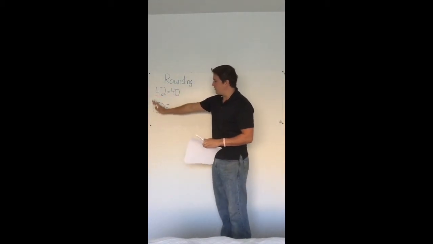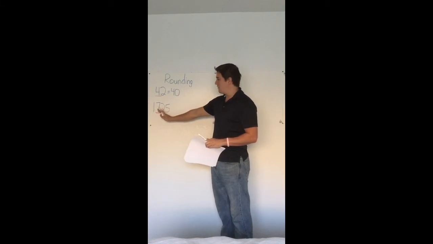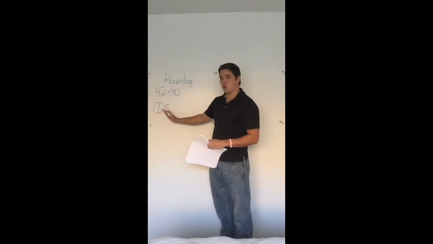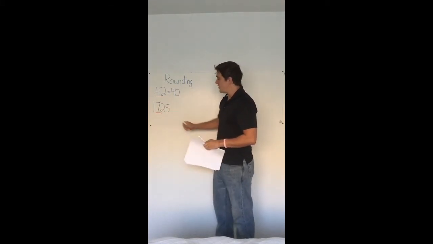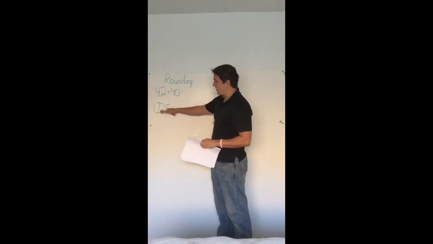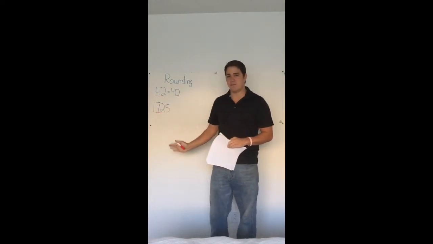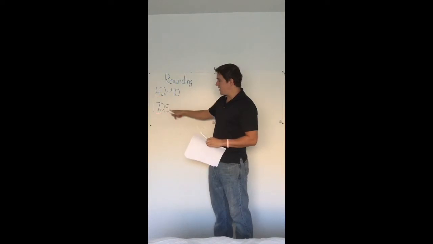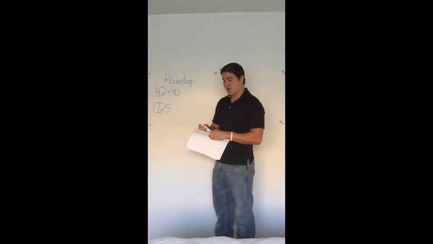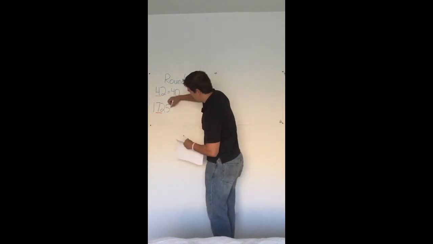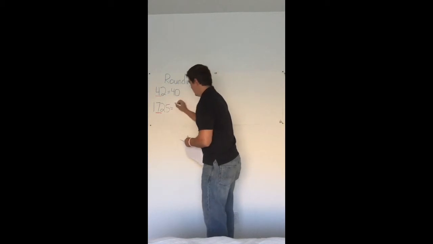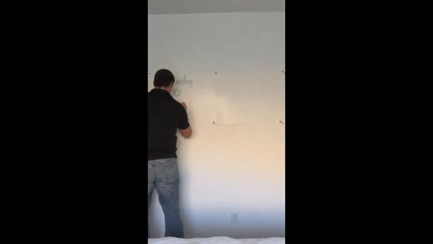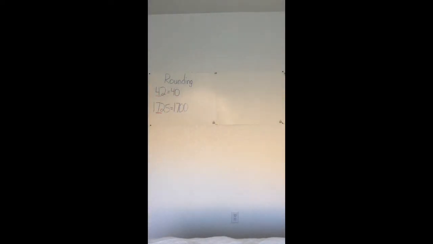I would look to the right of my hundreds place, which is a 2. So I know the 7 is going to stay the same, and these two numbers are going to be 0. So our answer would be 1,700. Does everybody see how I got that?